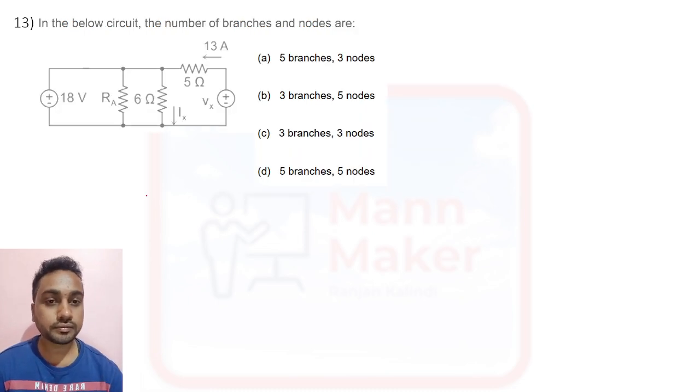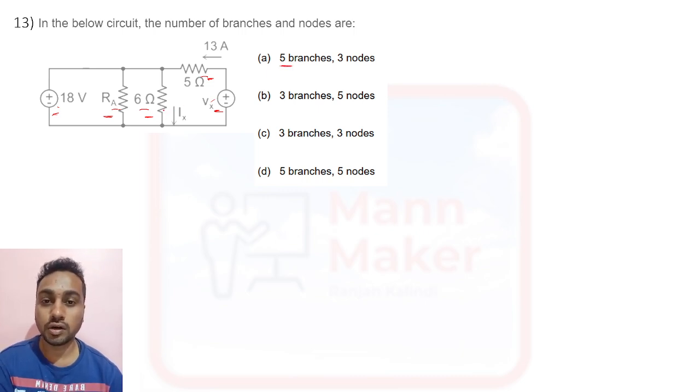Okay. In the below circuit, the number of branches and nodes are. So branches means what? Branches means the number of elements. So this is one element, this is another one, this is another one, this is another one, this is another one. So total 1, 2, 3, 4 and 5. 5 elements are there, means 5 branches. And node means what?